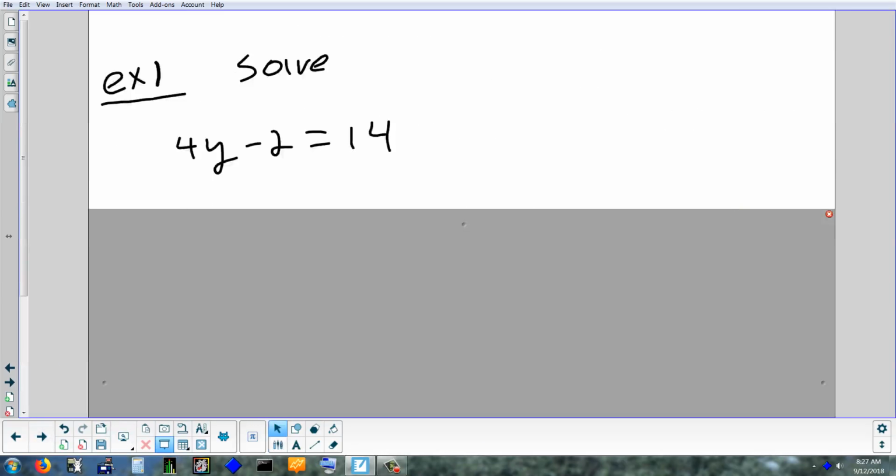Okay, so this is an equation that has two steps, a multi-step equation. First thing we want to do is look at our steps, go through them, and ask ourselves, do we have this? Okay. So the first step was simplify. What's the first thing you always do under simplify?